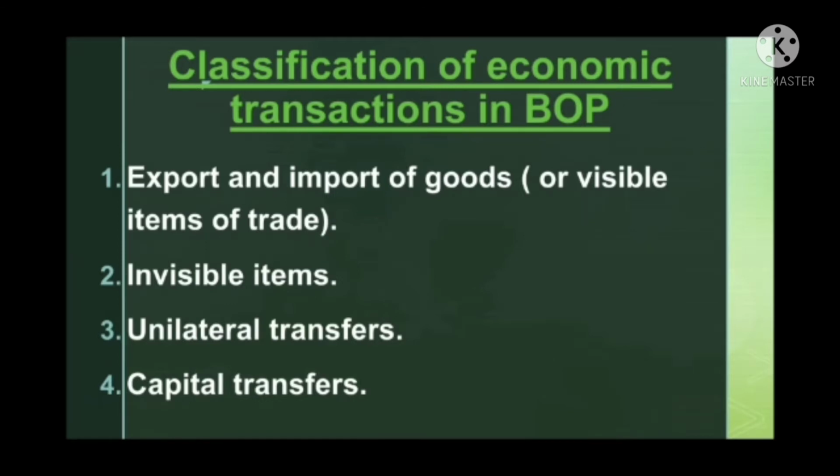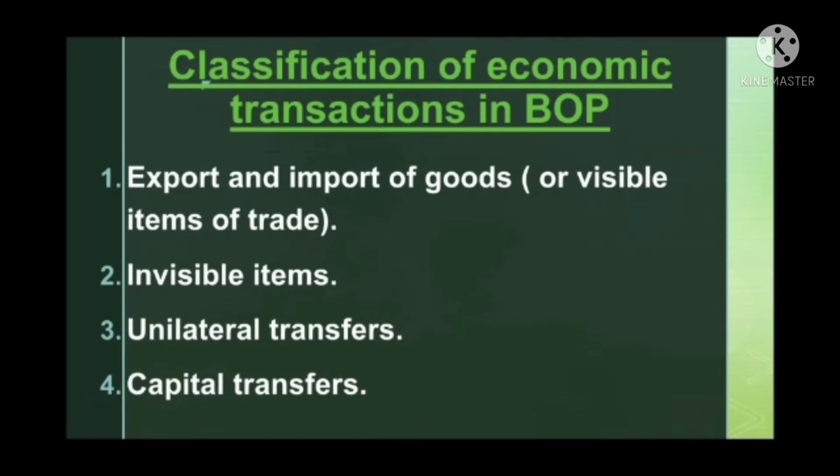This includes all types of physical goods that are exported and imported. These are called visible items as they are made up of some matter or materials and can be seen, touched, and measured. The movement of such items is open and can be verified by the customs officials.